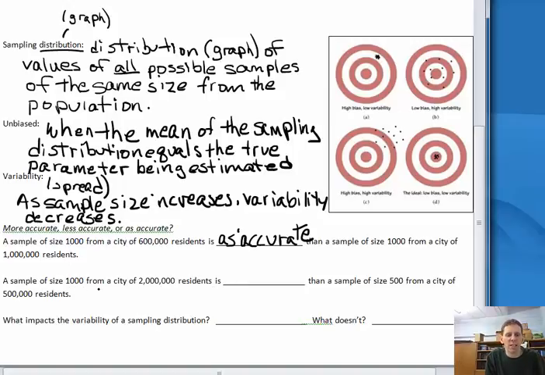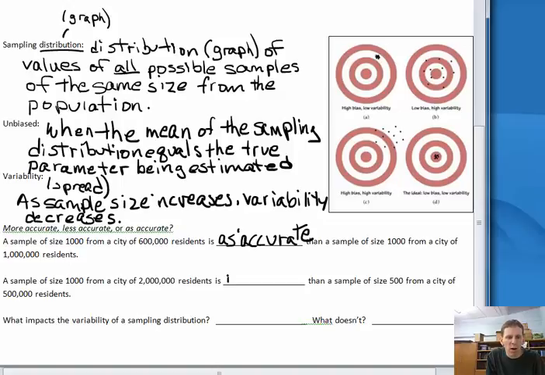If we take a sample of size 1,000 from 2 million residents compared to a sample of 500 from a city of 500,000 residents, what we're dealing with is a smaller percentage of people taken. If you take 1,000 out of 2 million compared to 500 out of 500,000, you're dealing with a smaller percentage of people here. However, sample size is key.